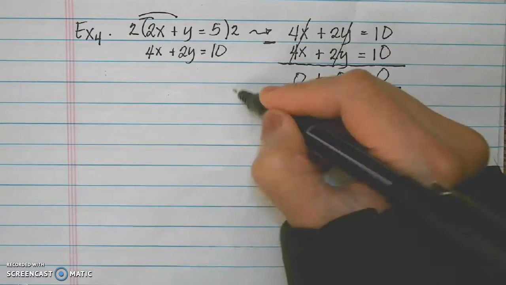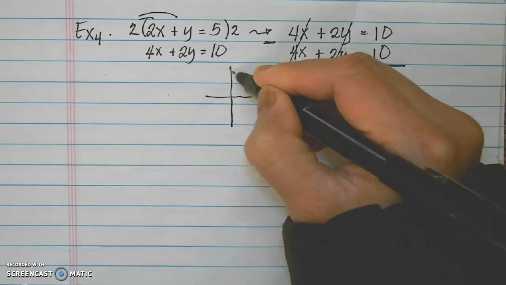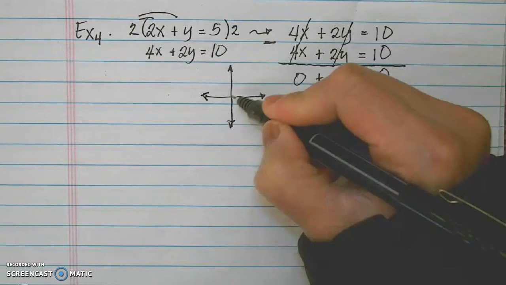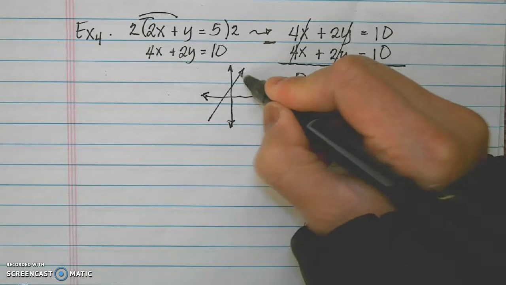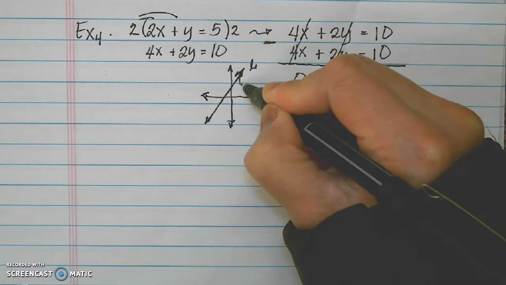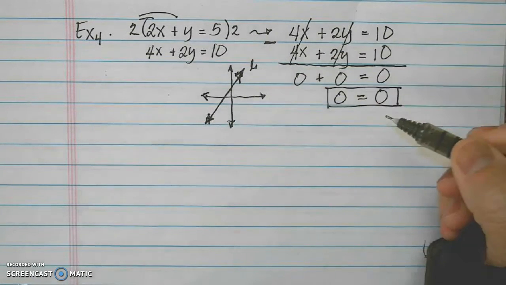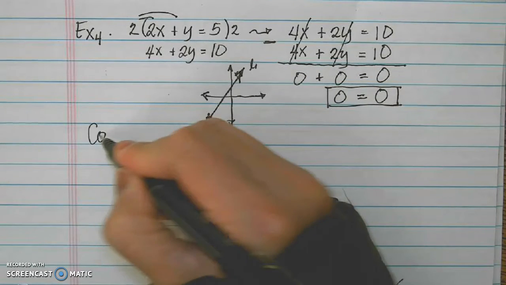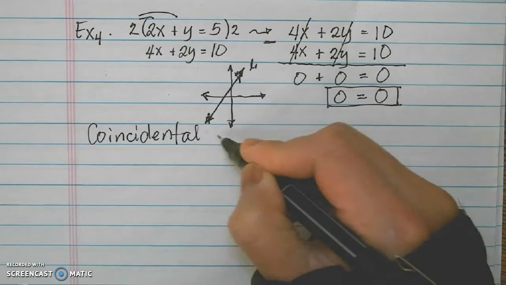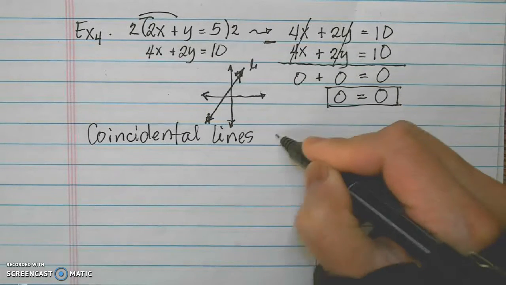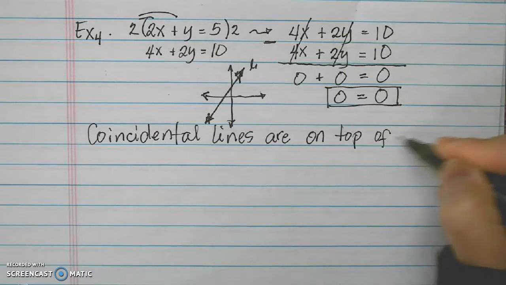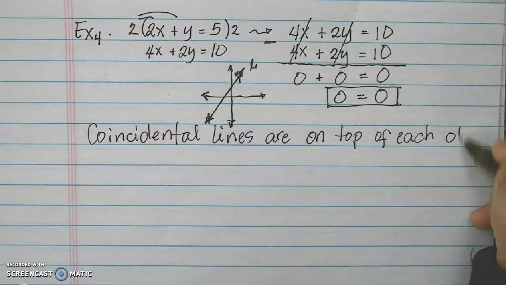That means that your lines, if you graph them, I will just approximate this. I don't even know if this is the right graph. But coincidental lines mean that this is line 1, and line 2 is also on top of it. So that is the meaning of coincidental. Coincidental lines are on top of each other.